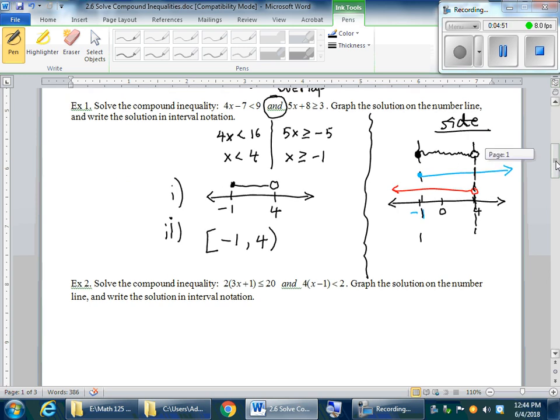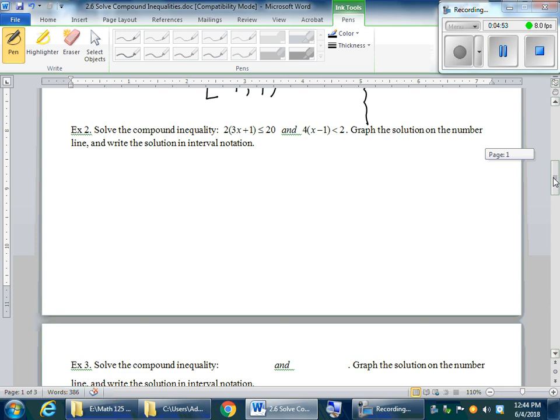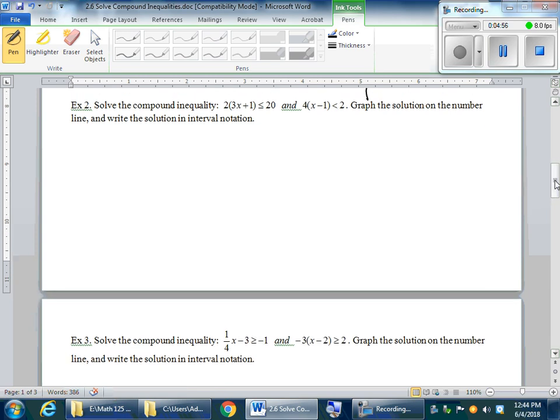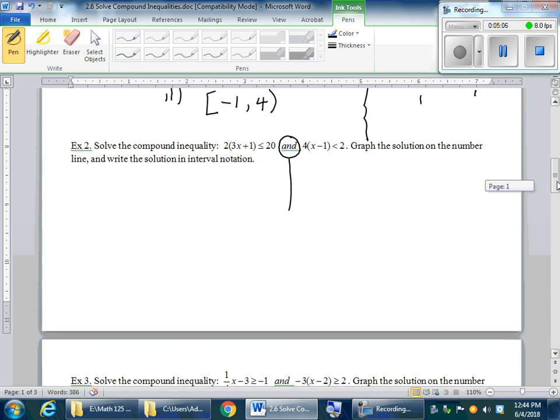Going to the next example, example 2. Again, this is a compound inequality with the statement "and", so we are looking for the overlapping part.